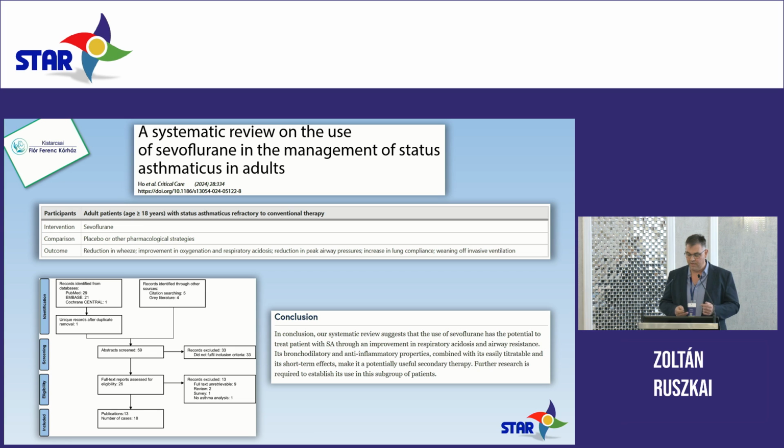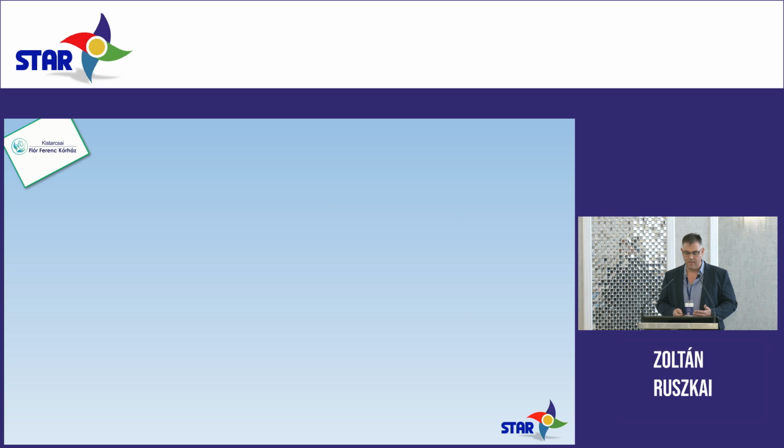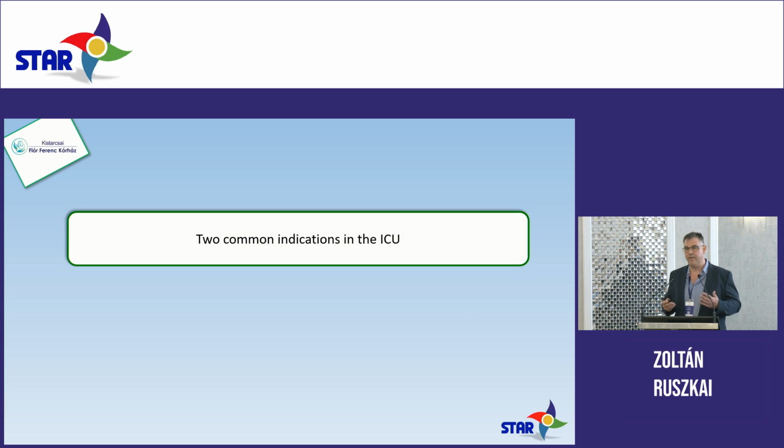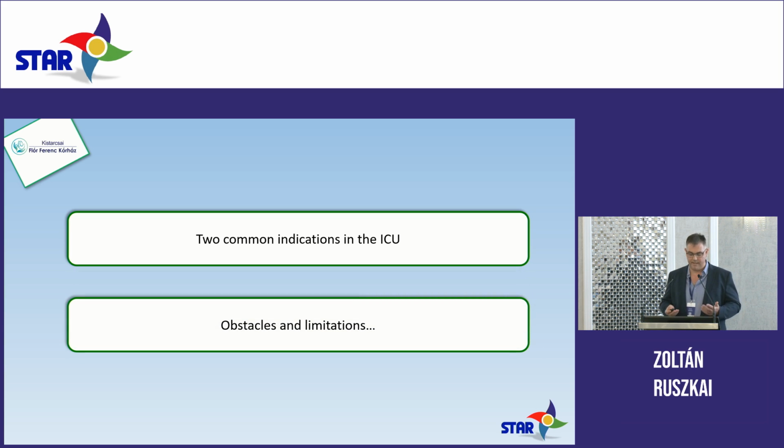They found that sevoflurane has the potential to treat patients through an improvement in respiratory acidosis and airway resistance. So these are the two common indications in the ICU, the refractory epilepsy and refractory bronchospasm.